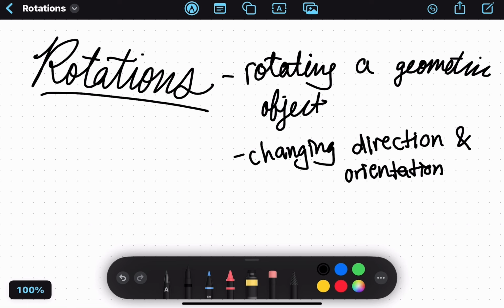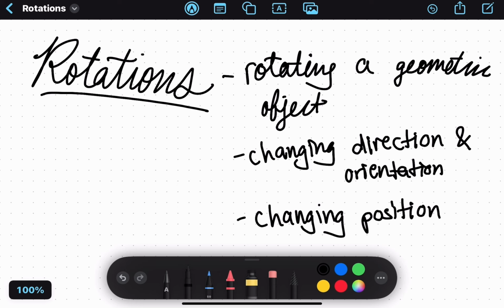You're just basically changing how it's positioned. You're changing where exactly and how it lies on the plane. So let's get into it.